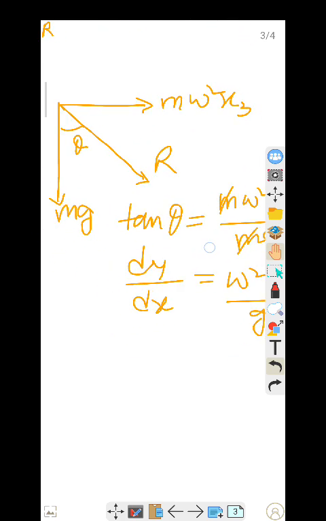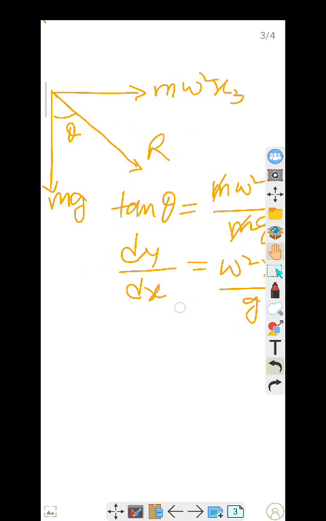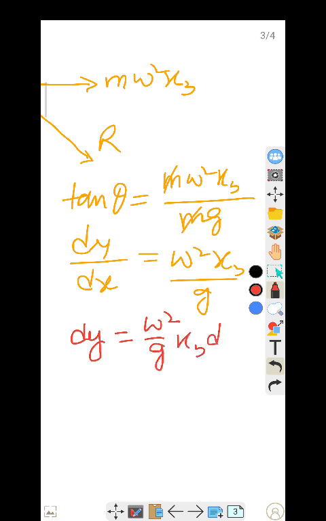Tan theta is nothing but dy by dx, right? So dy by dx is omega square x3 by g. Now we can write dy equals omega square by g times x3 dx.